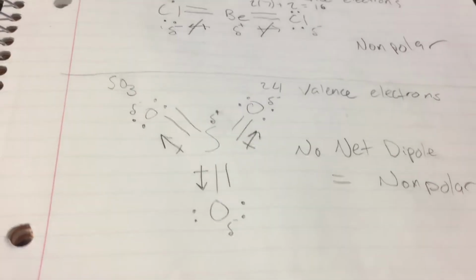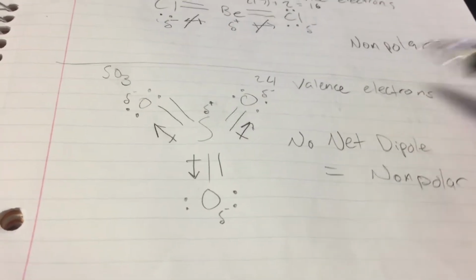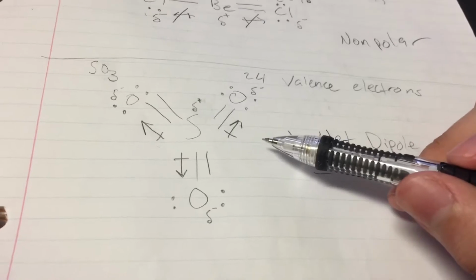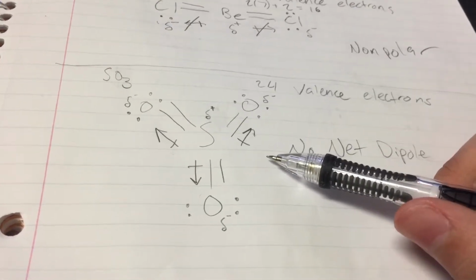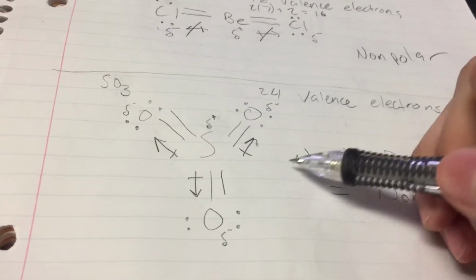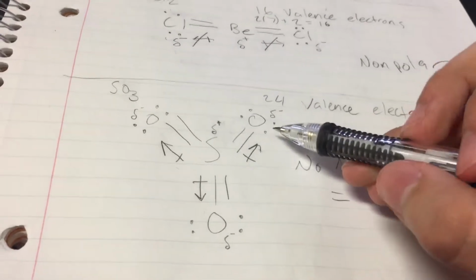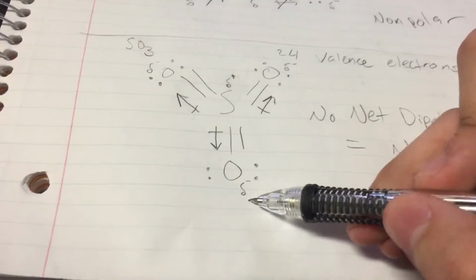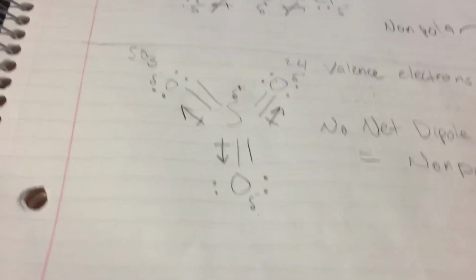The next example is SO3. It has 24 valence electrons. I've already drawn the Lewis structure of it, and so we're going to identify the partial charges. O is more electronegative than S, so it is delta negative, delta negative, and delta negative.